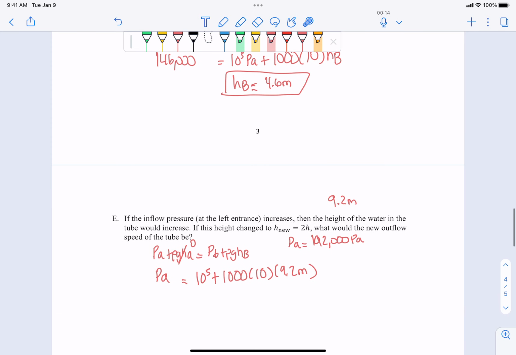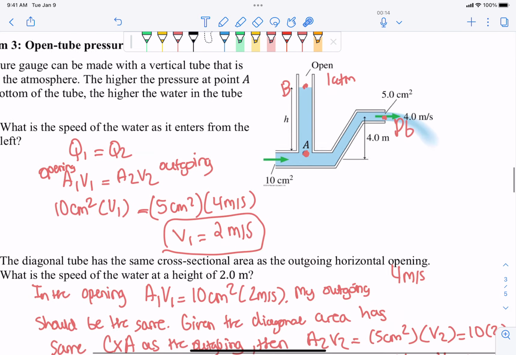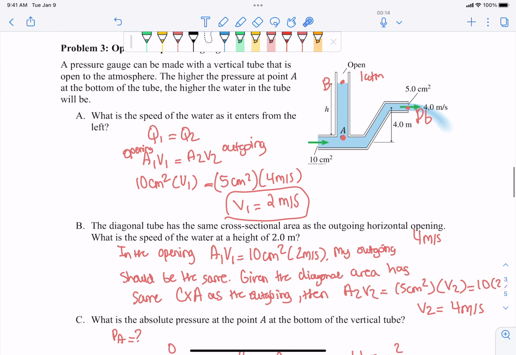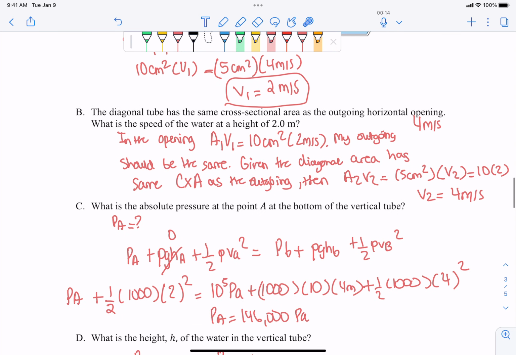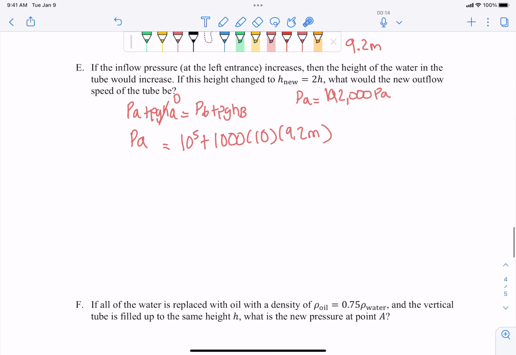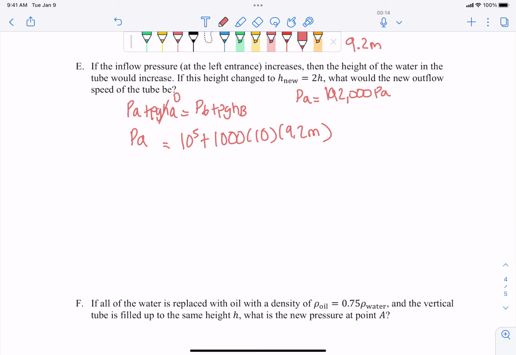now they're asking us basically what the new outflow speed of the tube would be. So if we have an increased pressure at A, well, that'll change what the outgoing speed is here, right? And so how can I figure that out? So first of all, I want to think about what the speed VB is going to be.